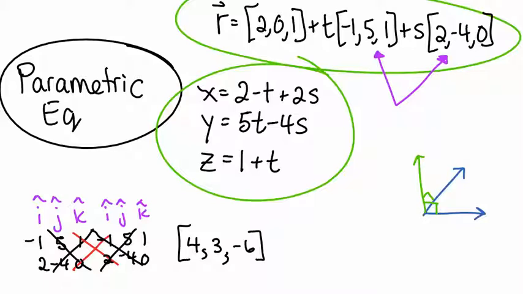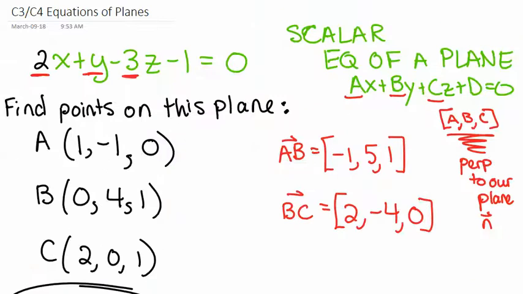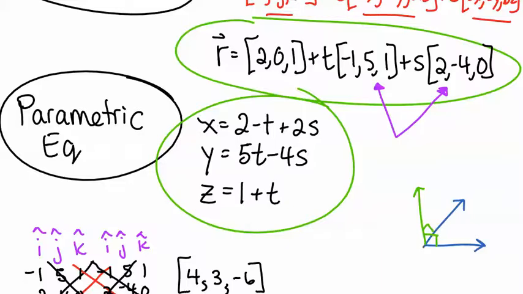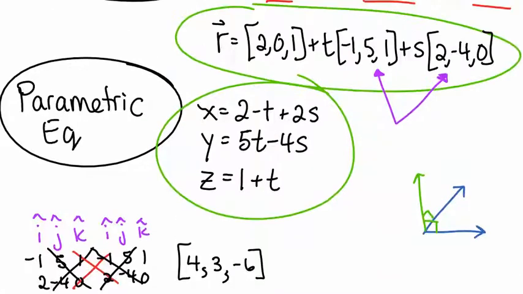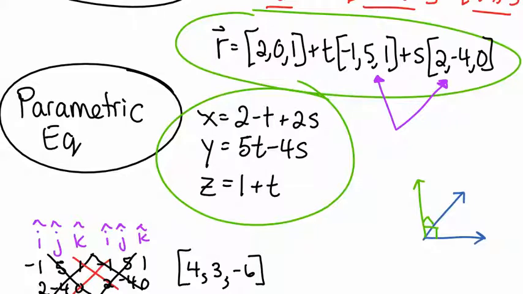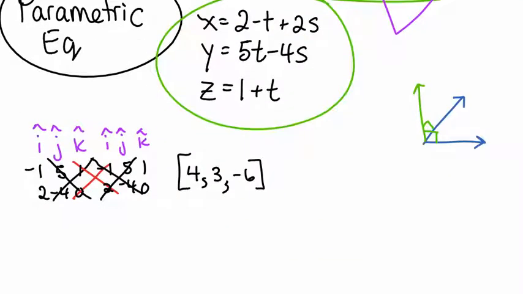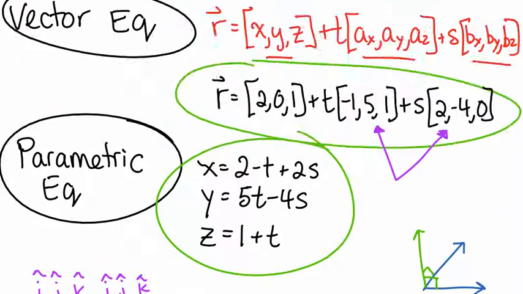Actually, I can find out soon. So that would be our cross product. Ooh, that doesn't look good. Did I mess that up? Okay, let's check. -1, 5, 1, and 2, -4, 0. Okay, let me just double check here. 0 minus -4 is 4.